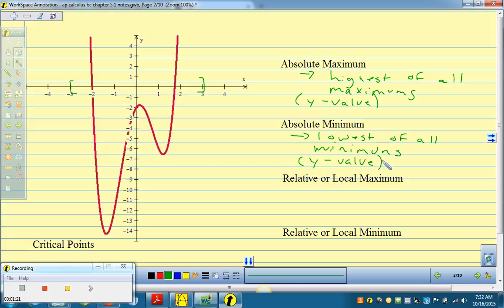All right, how about a relative or a local minimum or maximum? So if I'm talking about a relative or local maximum, it's the highest in what I would call its neighborhood. It's the highest in the x values around it. So we would say a relative max or a local max is the highest in its neighborhood.